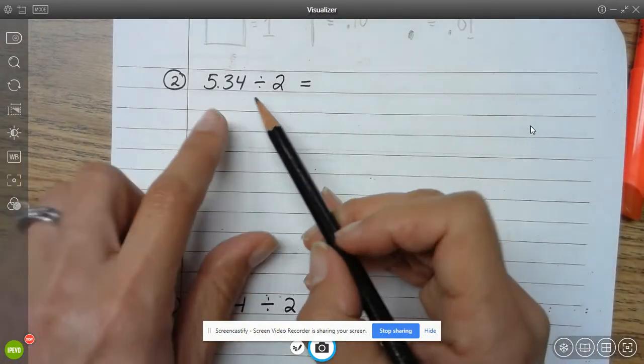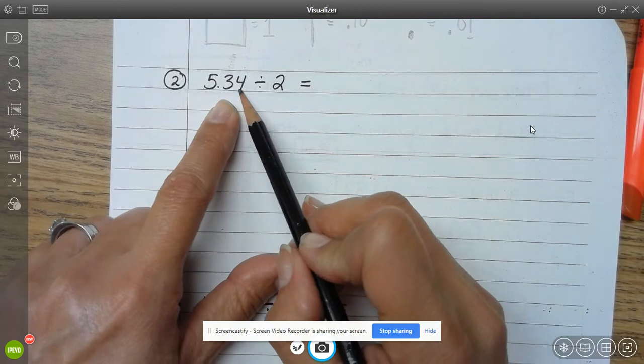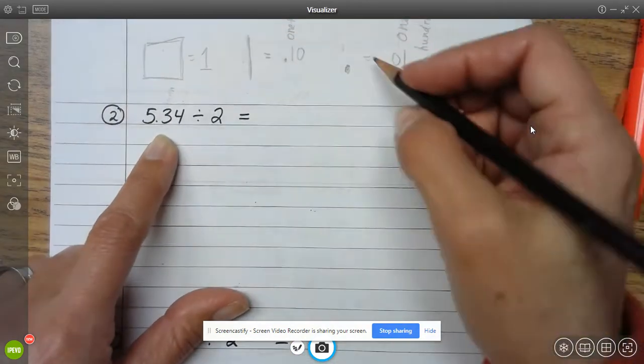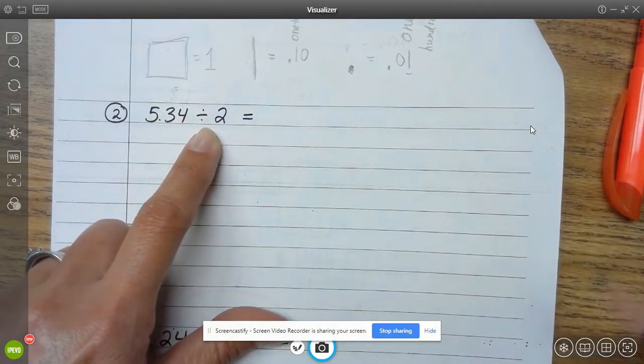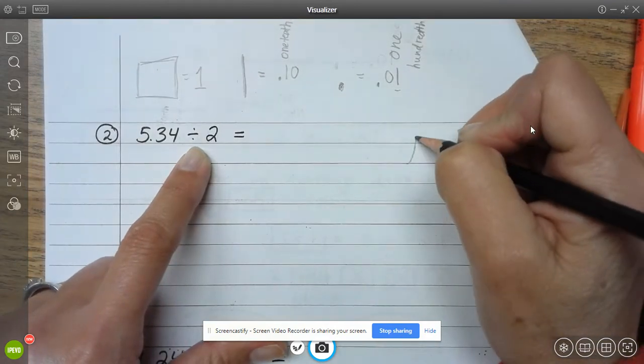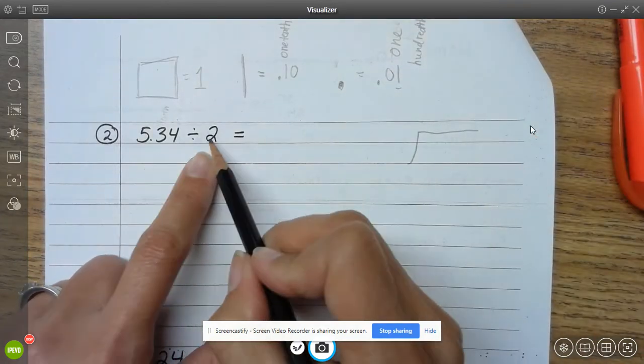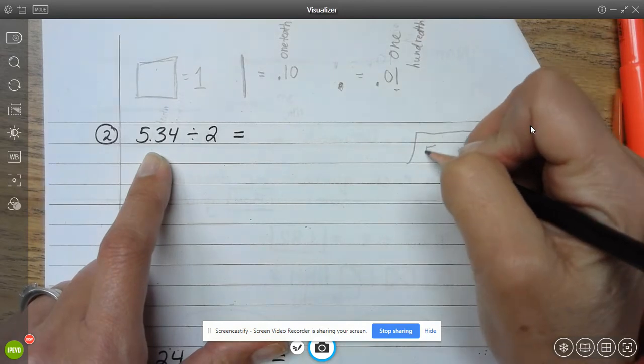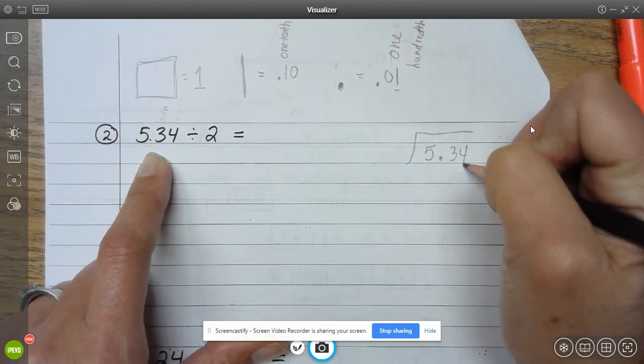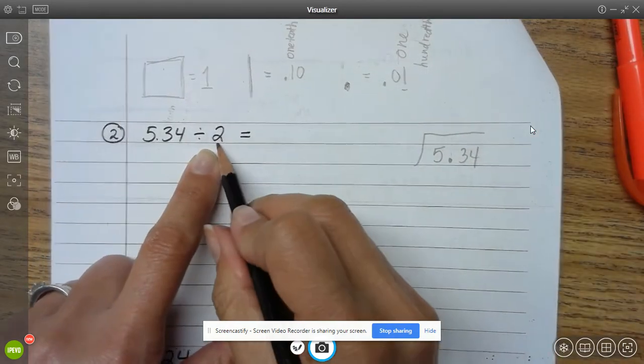Okay, so we are first going to do this mathematically. So the two steps we talked about, right, is setting this up using the house, right? So here's my house with my roof, and I'm dividing 5 and 34 hundredths, and I'm dividing it by 2, right?